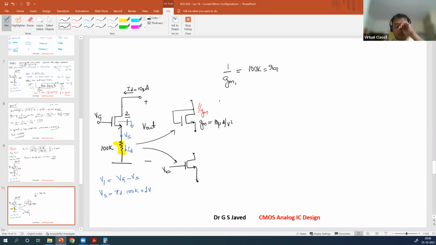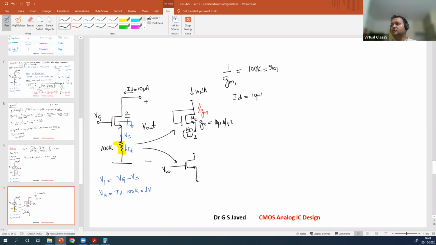GM is present. Now, once you have this value, you know what current needs to flow. So what is the current through this? Current is 10 microampere. For 10 microampere, what is the W by L ratio? We will call it M2.